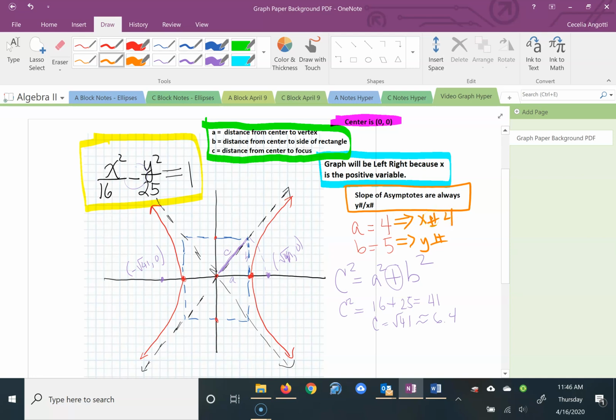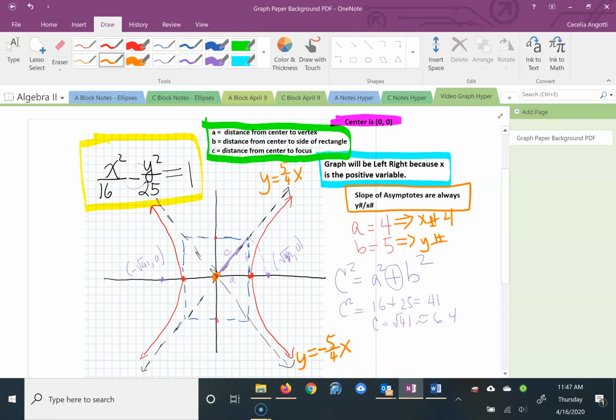So my slope is going to be y over x, that's 5 over 4. Both of these lines have a y-intercept of 0, so this would be y equals 5/4 x, and then this other one would be y equals negative 5/4 x.